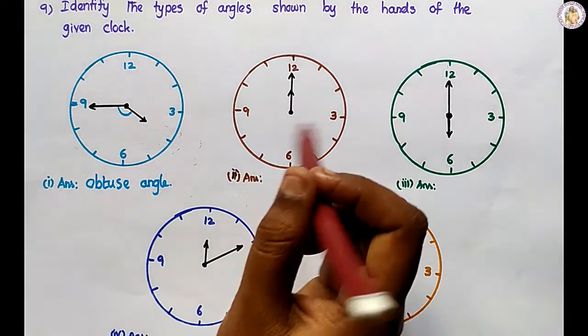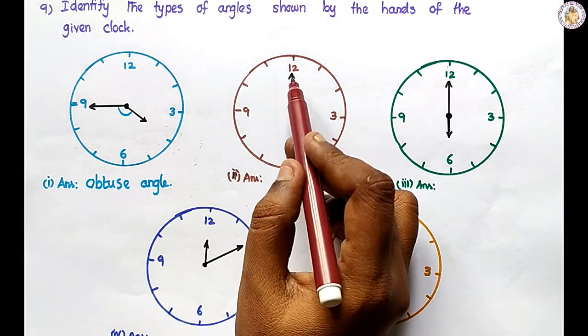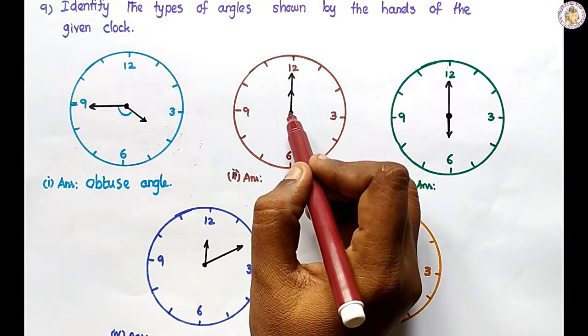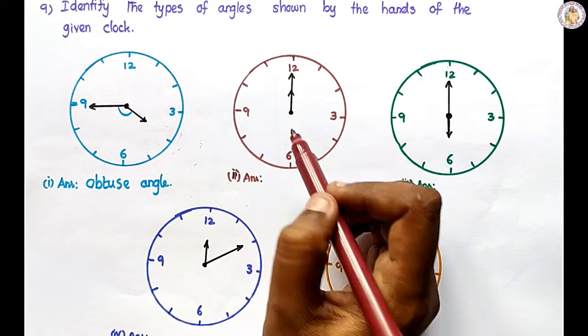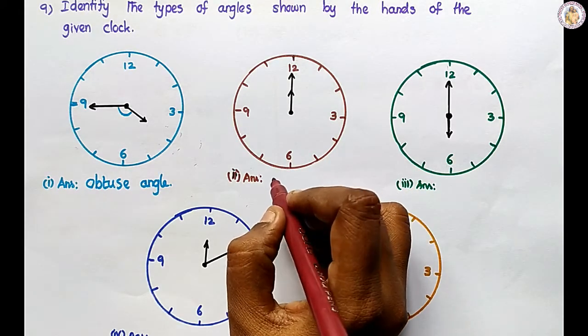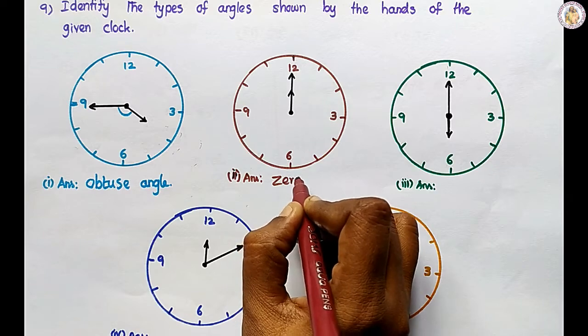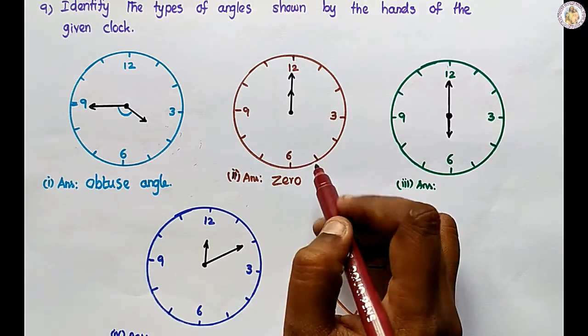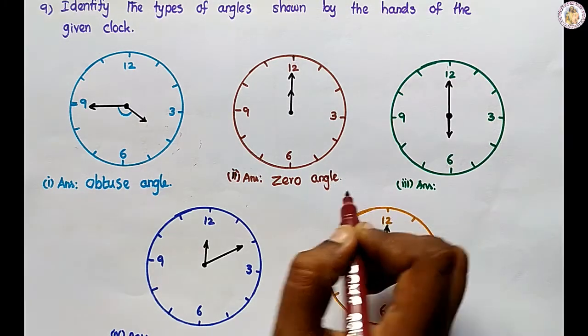Next one, the two hands are in the same place, facing the 12. So the starting point is there, and the two hands face the same way, so that is 0 angle. There is no angle formed by the two rays, so that is 0 angle.